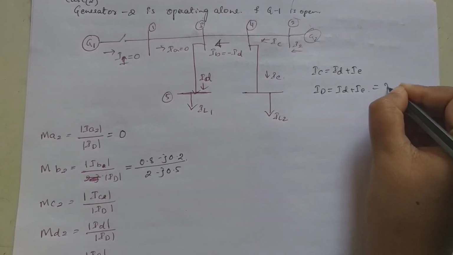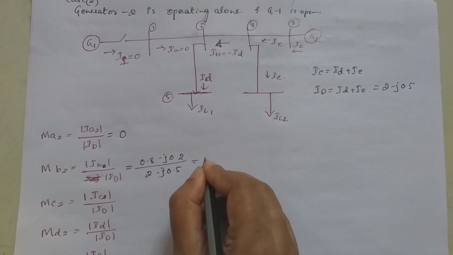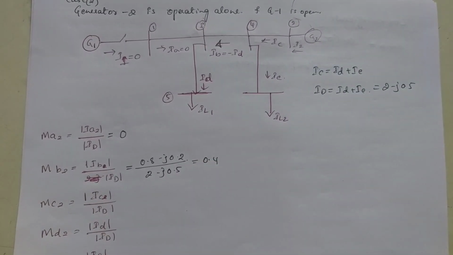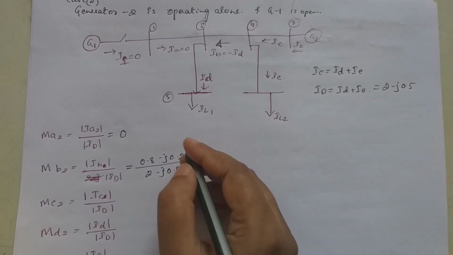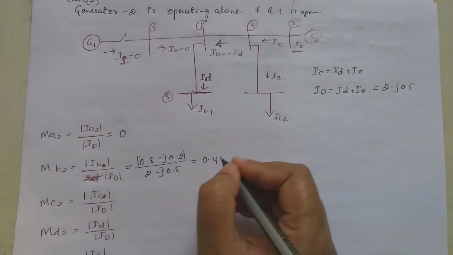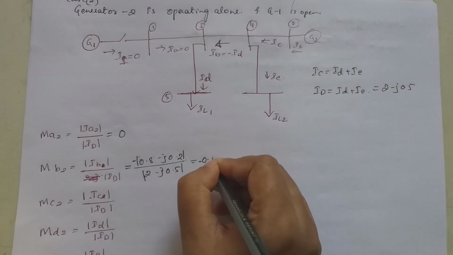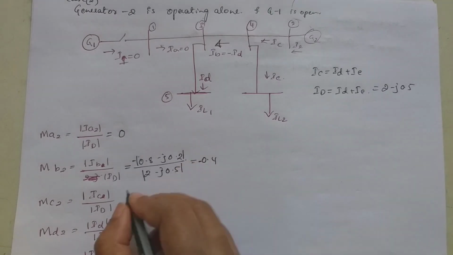The answer is 0.4. Here we have considered minus of this, which is minus 0.4.